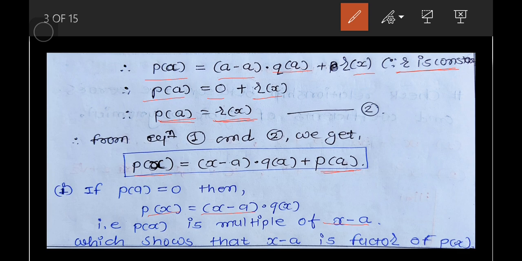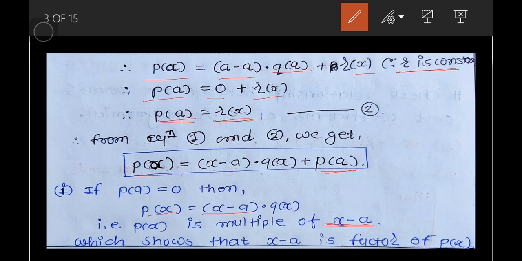So when p of a is equal to 0, the remainder is 0, and p of x is a multiple of q of x, and it shows that x minus a is a factor of p of x.